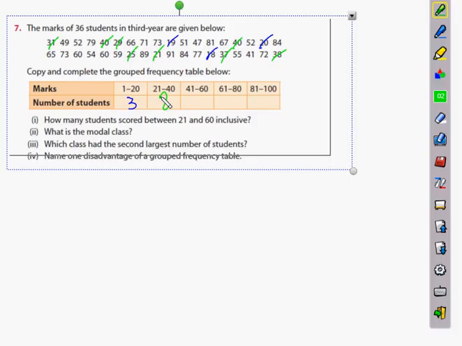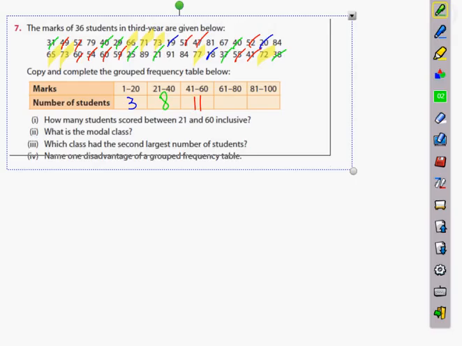Yeah. 41 to 60. 1, 2, 3, 4, 5, 6, 7, 8, 9, 10, 11. 61 to 80. 1, 2, 3, 4, 5, 6, 7.